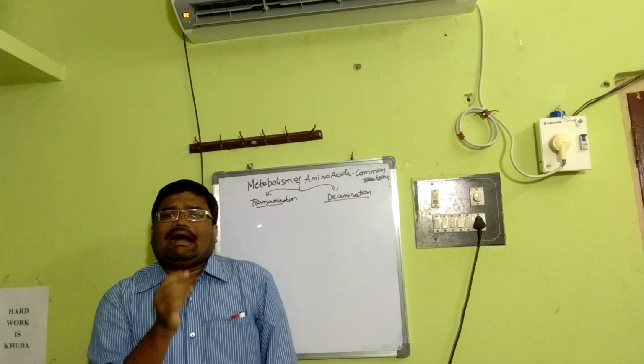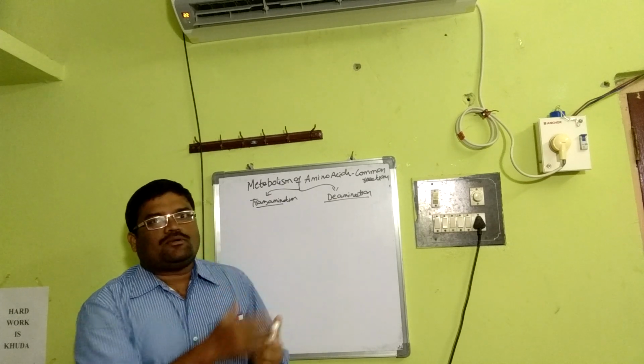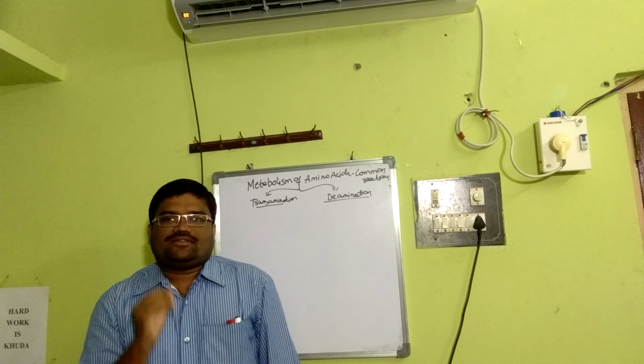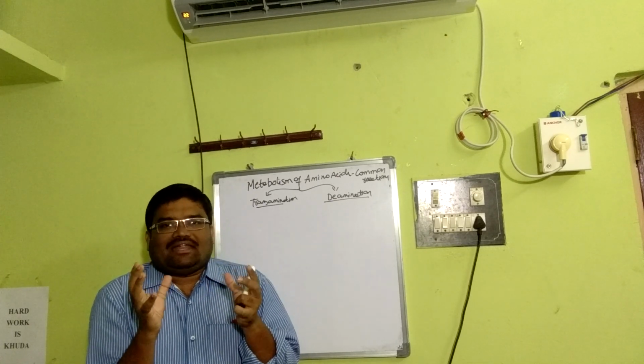Regarding other issues, the amino acid pool. When we discuss metabolism of amino acids, we have to learn about the amino acid pool. What makes an amino acid pool? They are nothing but free amino acids.